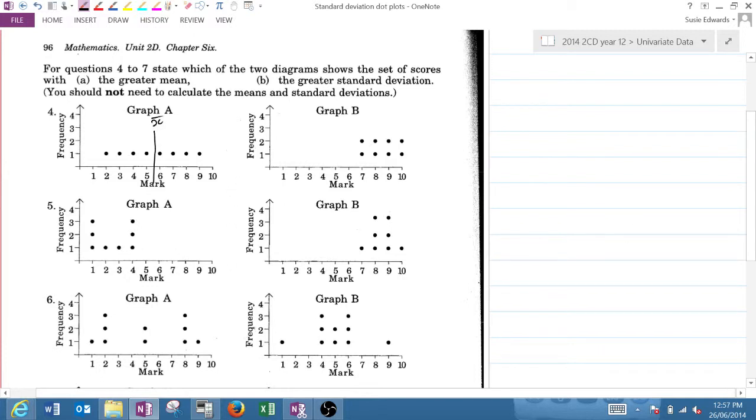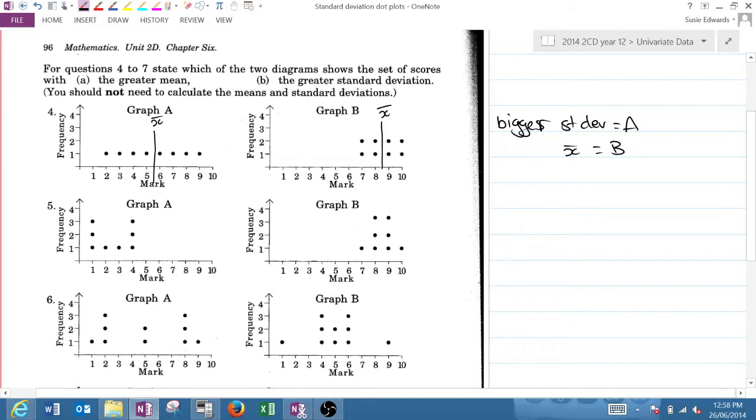What about your mean for graph B? 8.5. All right. Now, in terms of your standard deviation, which one has more points all closer to the mean? B, okay. So the bigger standard deviation equals A, and the bigger mean equals B. Can you guys see that?